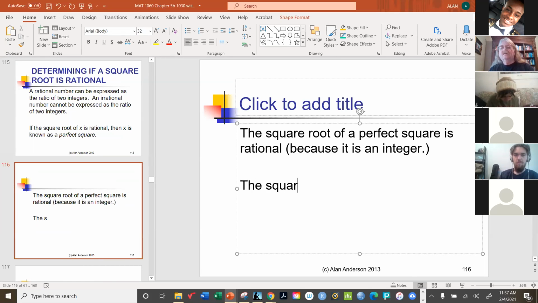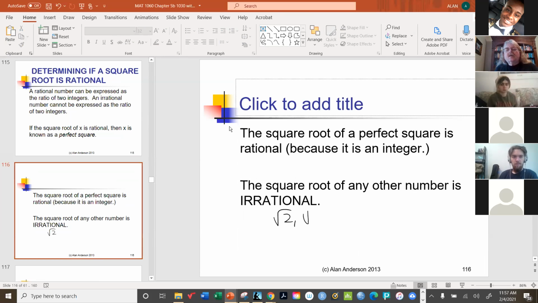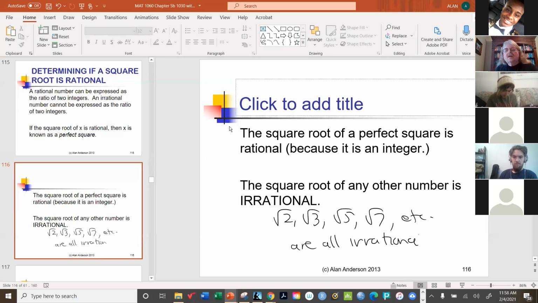The square root of any other number is irrational. Ooh, so in other words, you don't even have to test them. Square root of 2, the square root of 3, the square root of 5, the square root of 7, etc., are all irrational. How do you like that? Because they're not perfect squares.